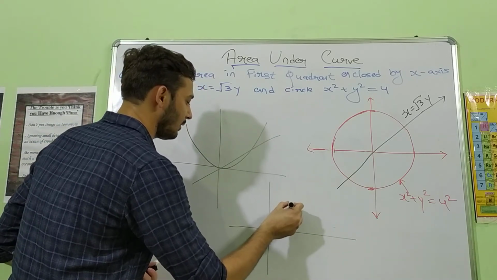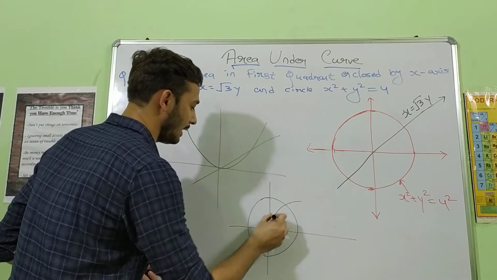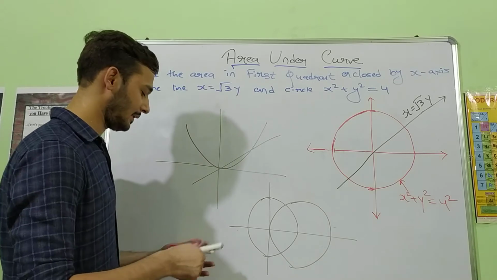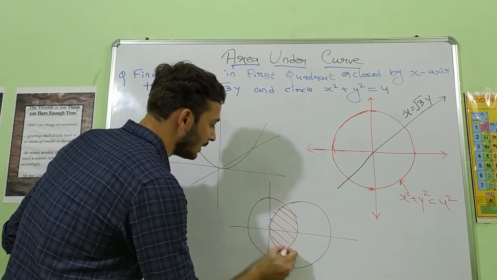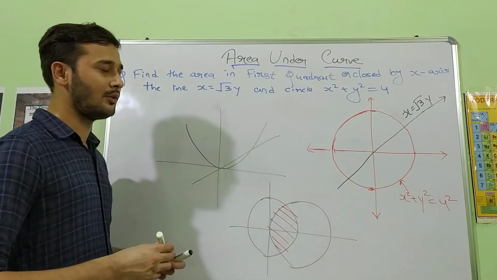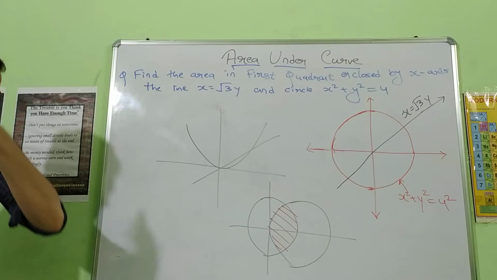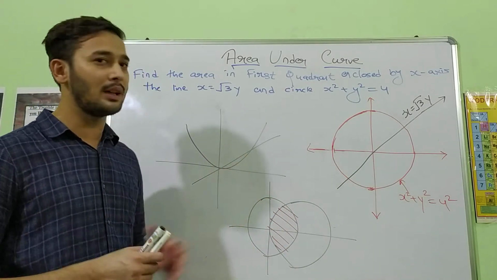Or what can be asked? They can give you two circles and you are required to find the area between the circles. So what will be the area? This. Now how will you do it? Consider one example, just to understand the theory. We are given two circles and we are required to find the area between them.